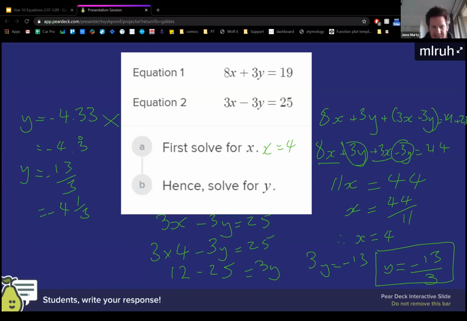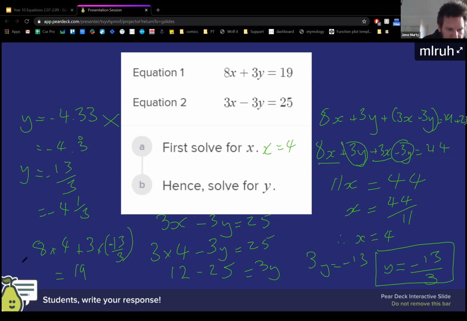Let's check our answer actually while we're doing it. Does 8 times 4 plus 3 times minus 13 on 3 equal 19?